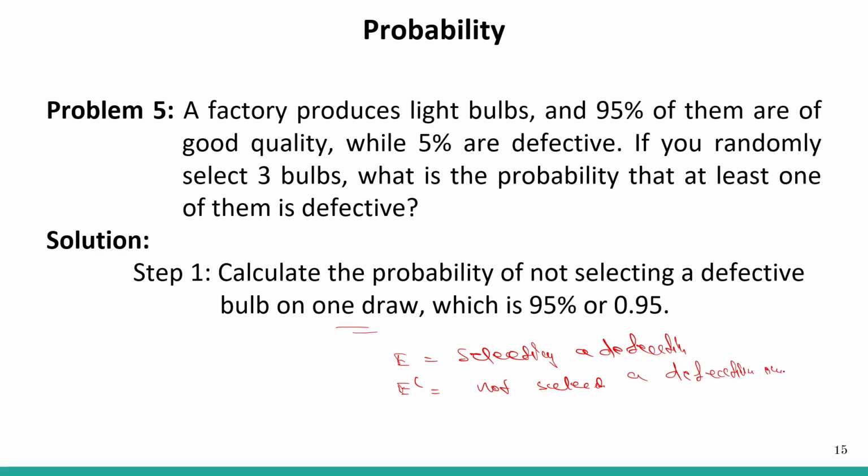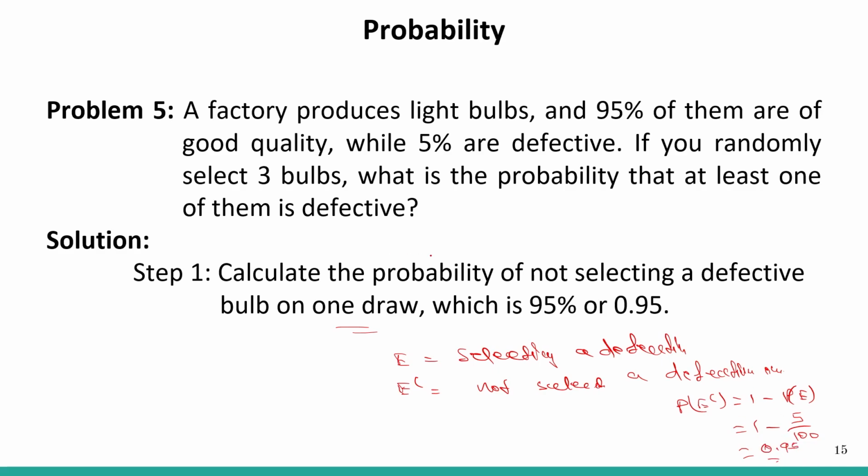Probability of EC will be 1 minus probability of E, the formula we learned in the first class where we discussed all the concepts. So probability of E is selecting a defective one. Out of 100 bulbs, 5 come out to be defective, so it will be 5 by 100. So it will be 0.95. That is written right here.